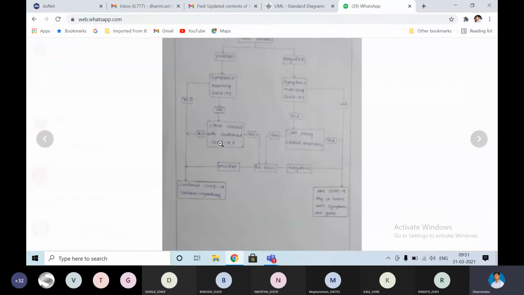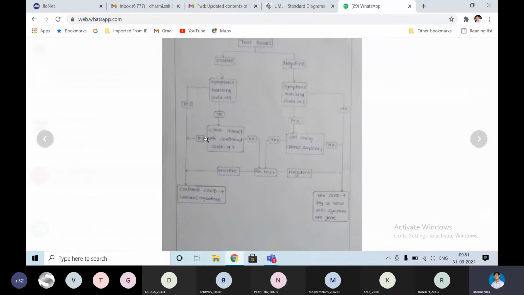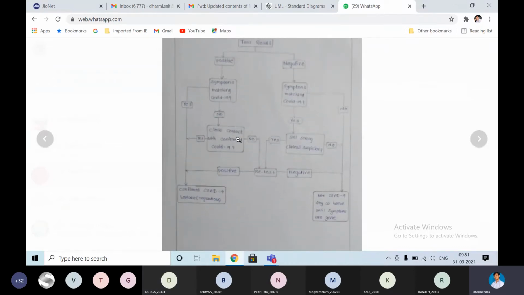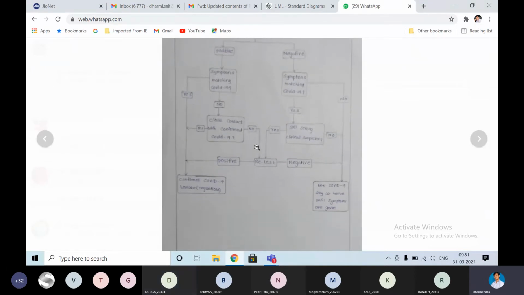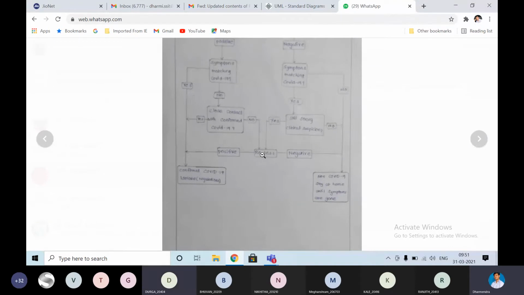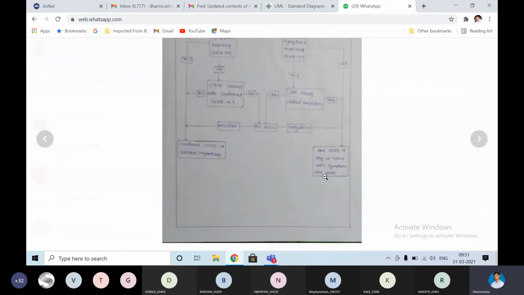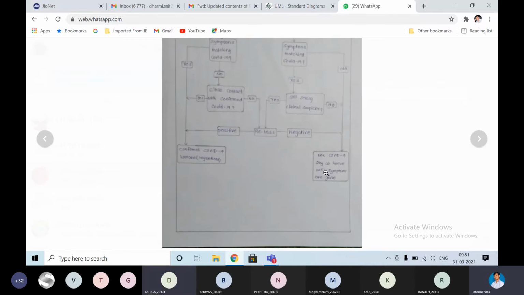Close contact with the confirmed COVID-19. So there is a chance. If the symptoms are not matching, there is no that much match. So sometimes we may send it for retest. If it is positive, then same thing, isolating them. After the retest, if it is negative, simply stay at home until symptoms are gone.